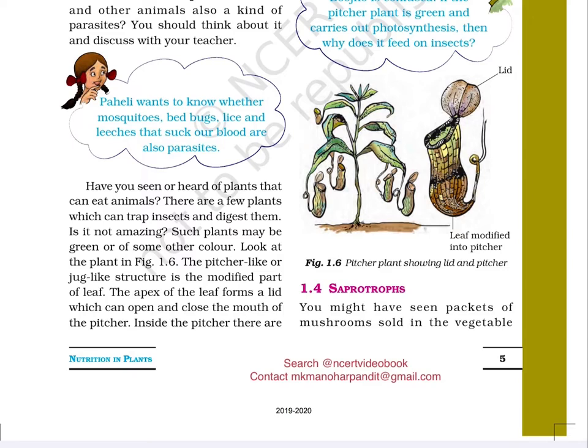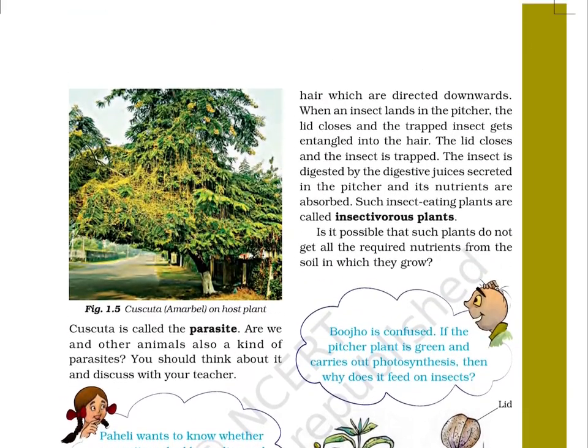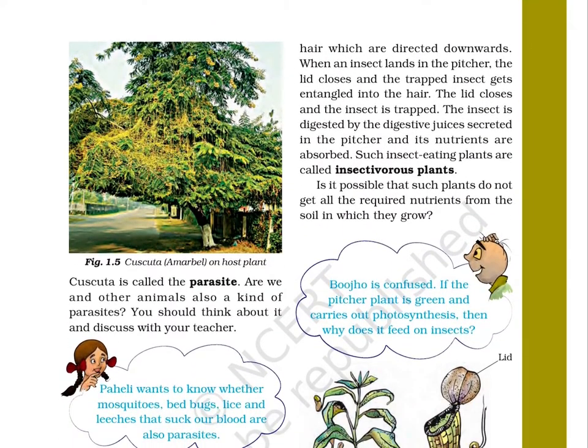The apex of the leaf forms a lid which can open and close the mouth of the pitcher. Inside the pitcher, there are hairs which are directed downwards. When an insect lands in the pitcher, the lid closes and the trapped insect gets entangled into the hair.